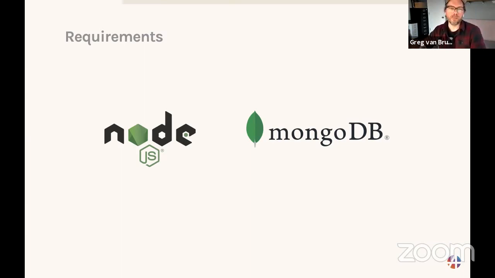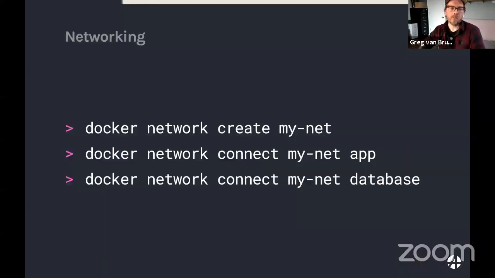So Docker has networking built in. You can use it using the Docker network commands, which is kind of okay. But if you start to look at this, I have two containers here that I'm going to connect to my net. So I'm going to create a Docker network called mynet.